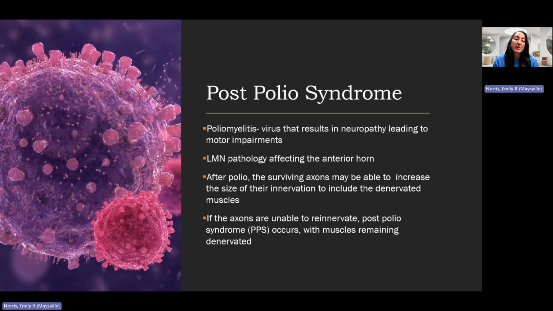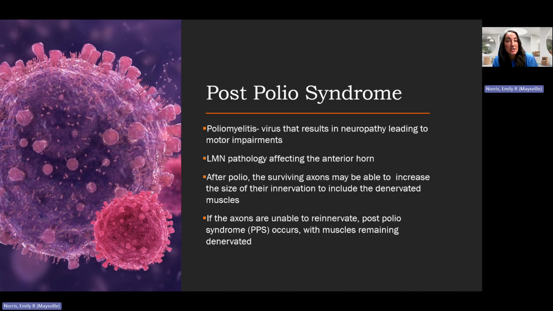After polio, the surviving axons should be able to increase their size and their innervation so that they are able to innervate a denervated muscle. So basically, other axons take over and account for the muscles that are no longer getting that message. And so one axon may create more nerve endings to innervate a larger area.